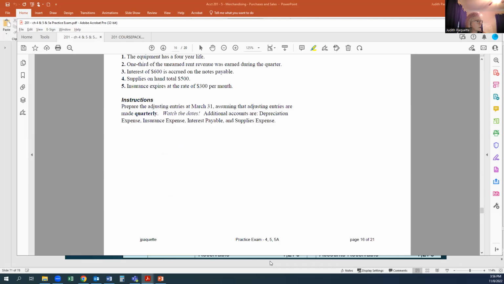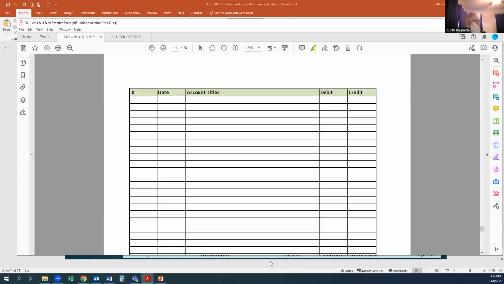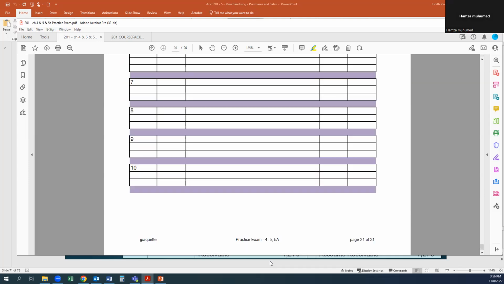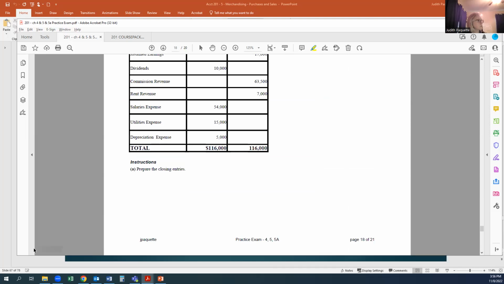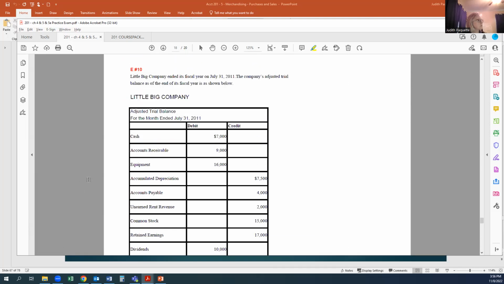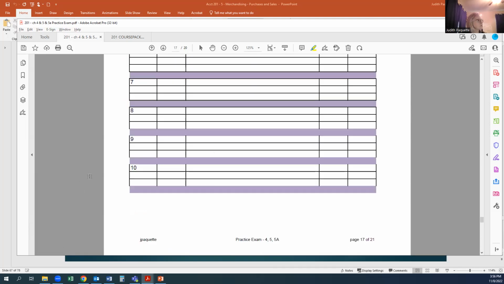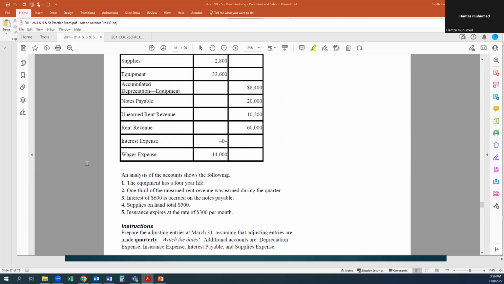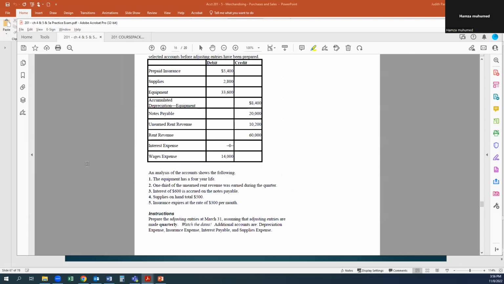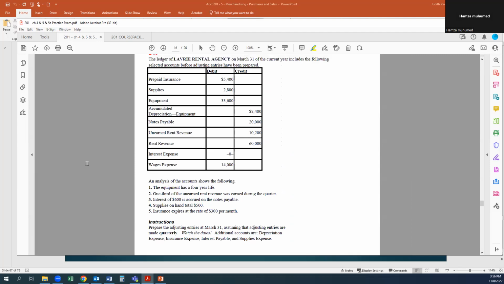And then we just have a few more journal entries. I had a question about Exercise 9. It says watch the dates closely. What do you mean by that? Aren't all the dates the same?